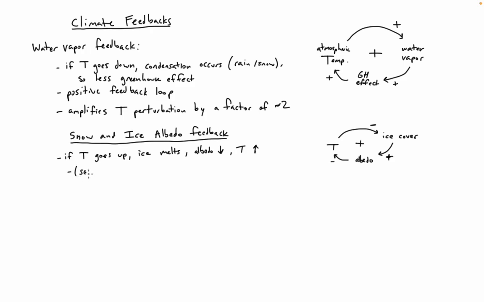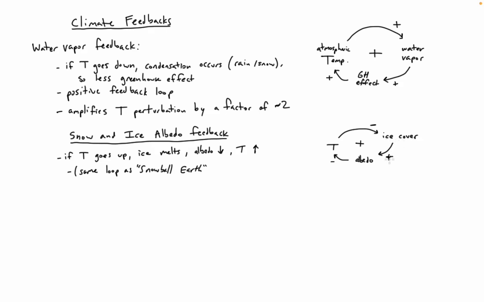And so this is the same loop as snowball Earth. We looked at this previously, where we talked about how this could go the other way. If it gets colder, temperature goes down, we get more glaciers, more ice.